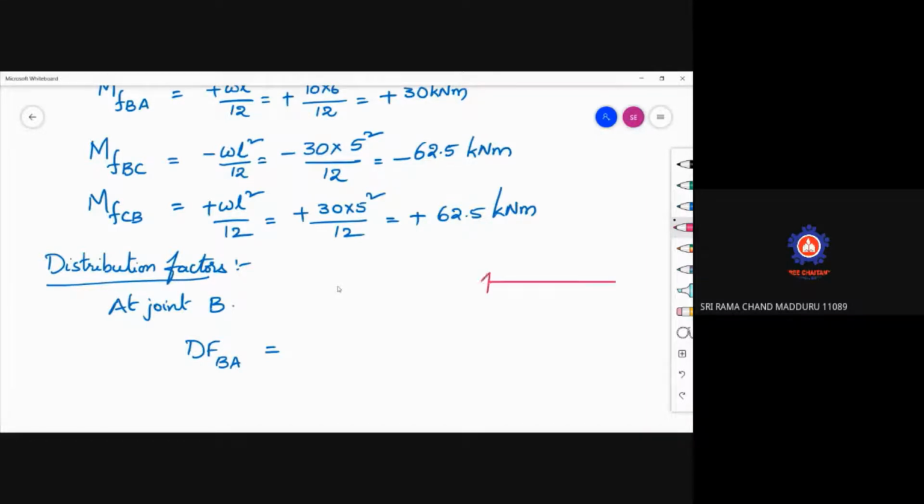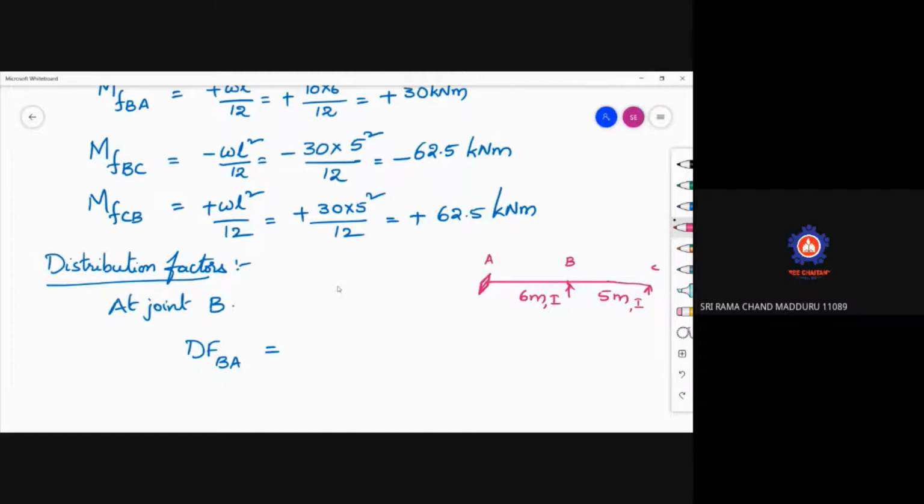This is your beam. The spans are given here, the support is there, here another support is there, the length is 5 meters here, this is 6 meters, moment of inertia is same. This is for span AB, this is for span BC.